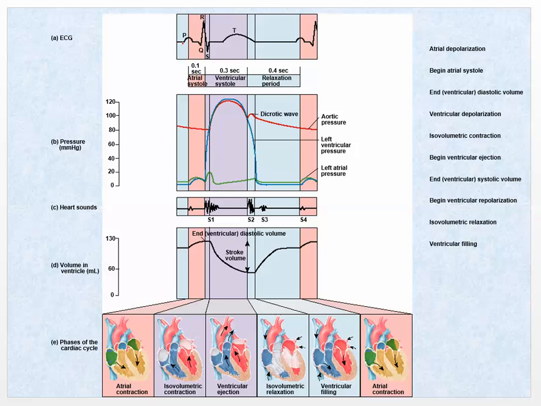Okay, so this is our EKG. If we follow it through for one of these, we have atrial depolarization, and then we have contraction. Looking at left atrial pressure, the green, we can see that the pressure in the atria increases, because after depolarization, we have contraction.